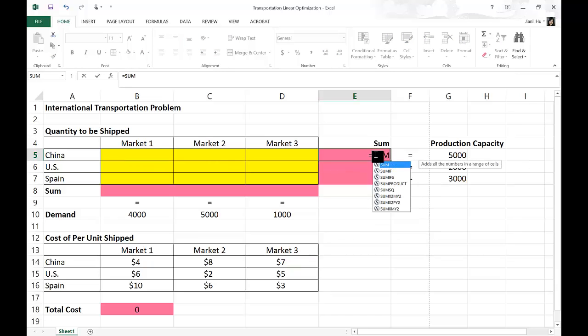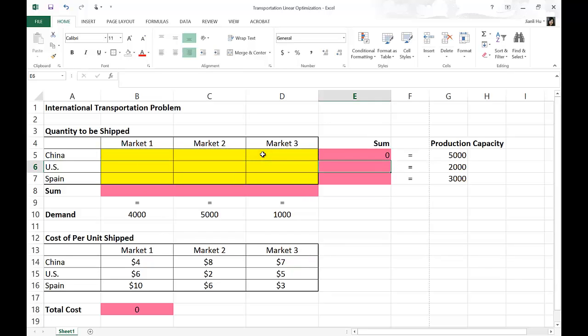So I want to sum from China to each market. So far we're not sending anything yet, so we have 0 units being sent out. But eventually, at the end, I want what comes from China to each market to add up to 5,000 units. Now once I enter this formula, I can paste it down.